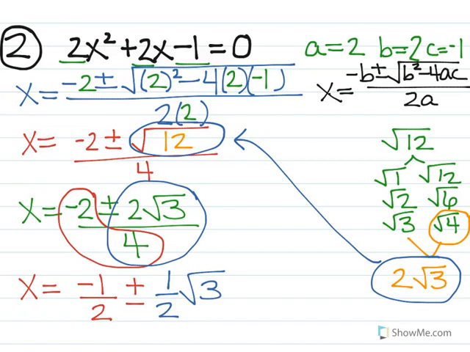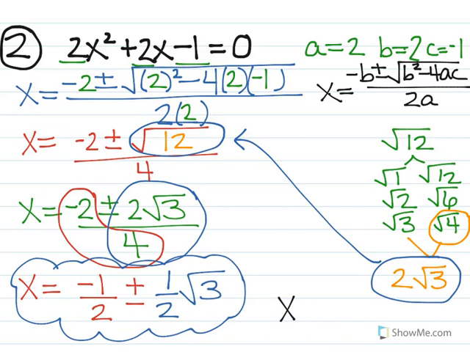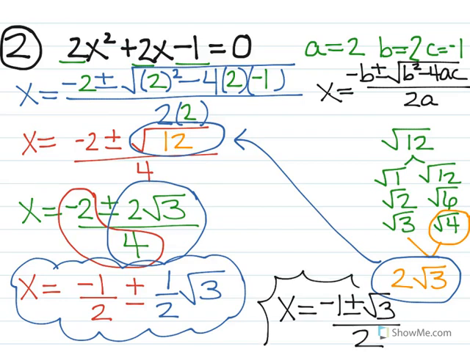And if you don't like writing it like 2 separate fractions, you could write it as one big fraction, x equals negative 1 plus or minus radical 3 all over 2. You don't have to put the 1 in front of the radical 3, but you can. Okay? So that would be your answer.